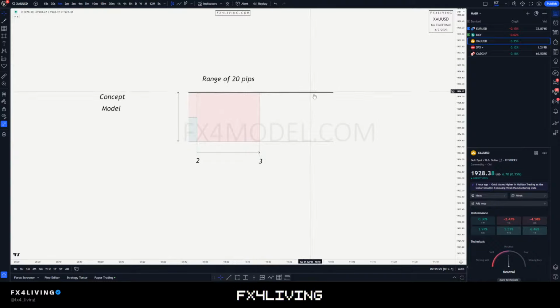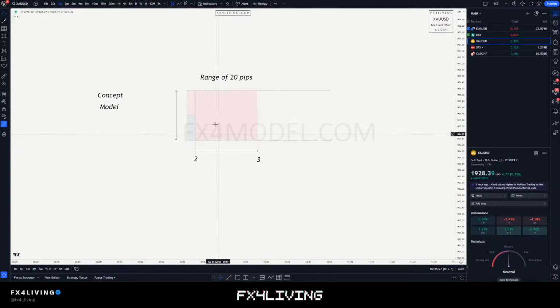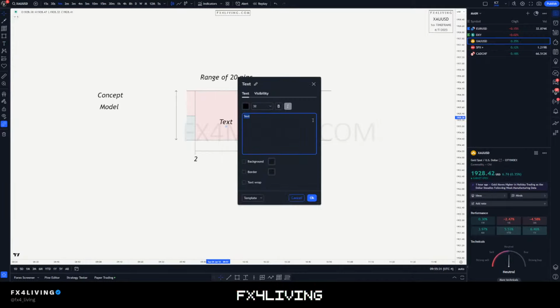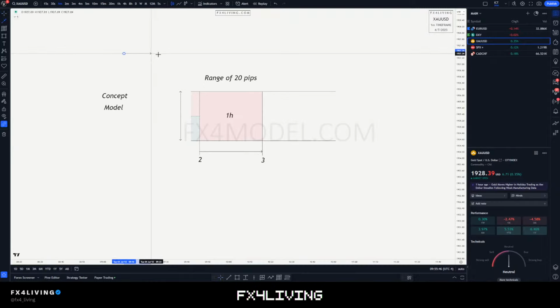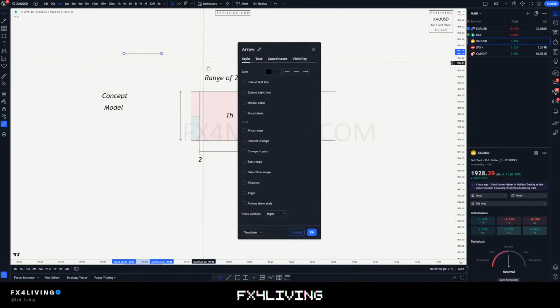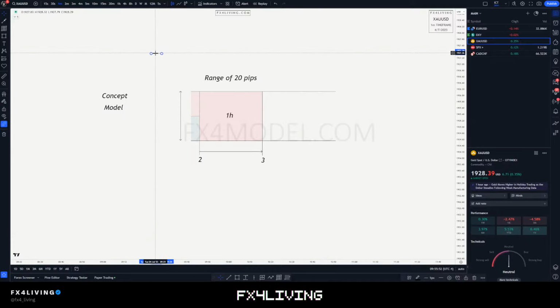All right, so you have a range of 20 pips here. What is this range? This is a 1 hour range. Cool. What happened in this 1 hour range? Okay. Price opened here. Oh, I have these weird arrows now. Okay, perfect.